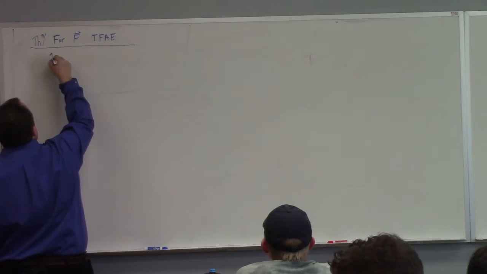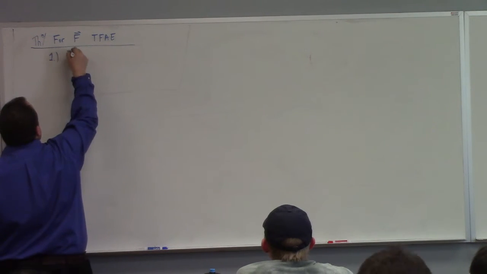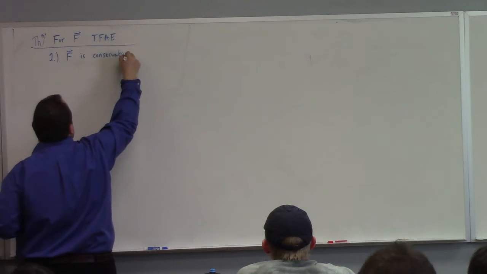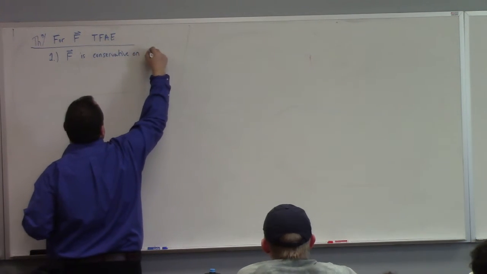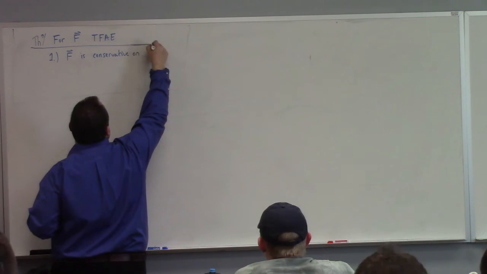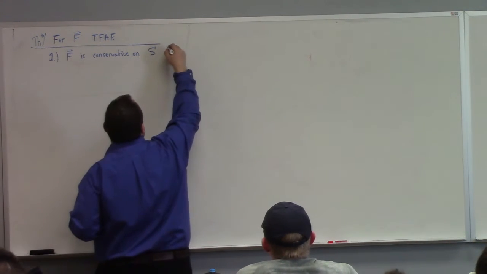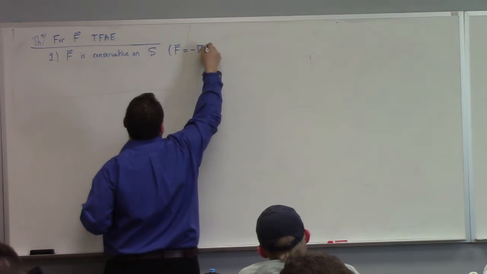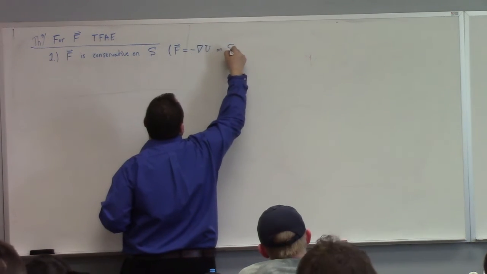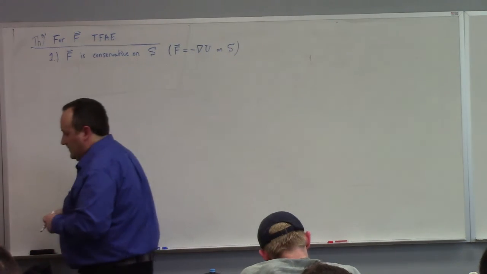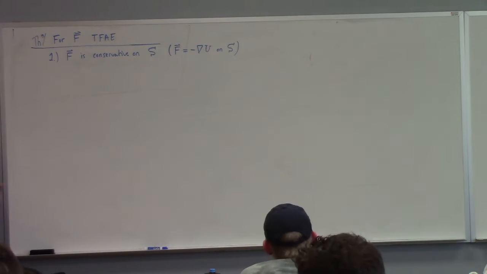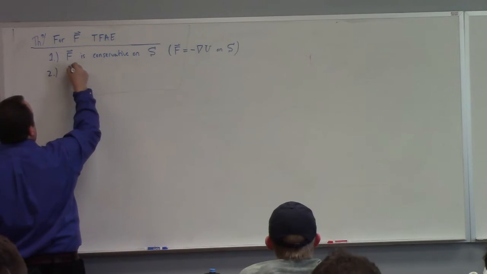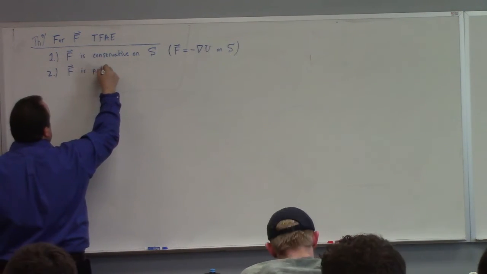Number 1, F is conservative on S. By that, we mean that F is equal to minus the gradient of some potential energy function on the space that we're considering. That's one characterization. Another characterization is that F is path independent.